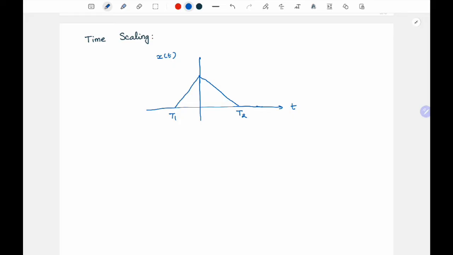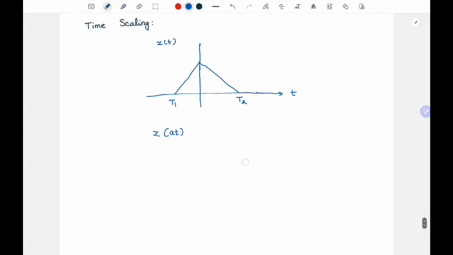So scaling is nothing but we want to find some x of at, correct? For a simpler case, let's say x of 2t. So what will that signal be? You again have the time axis.